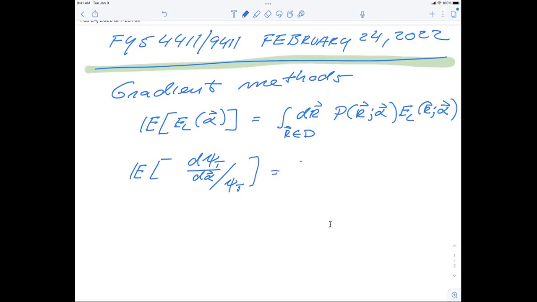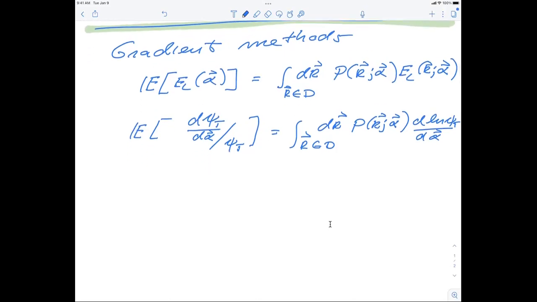So there's a new integral which we need. This is just a formal way we write it, and this derivative is normally written as the derivative of ln of psi_T with respect to the parameter alpha.